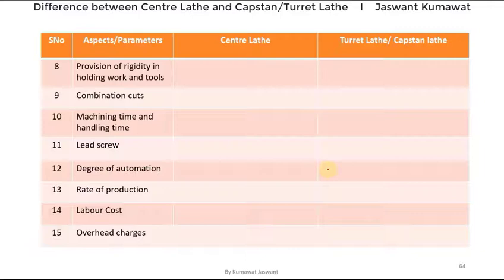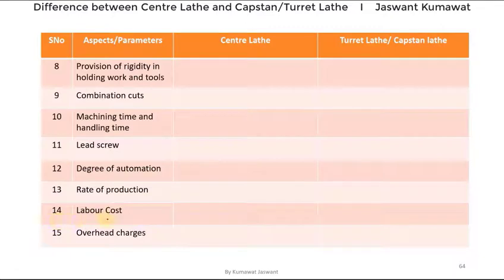So the degree of automation in turret lathe or capstan lathe is semi-automatic type. Now 13th difference is based on rate of production. The rate of production in the center lathe is lower, and the rate of production in case of turret lathe or capstan lathe is higher.